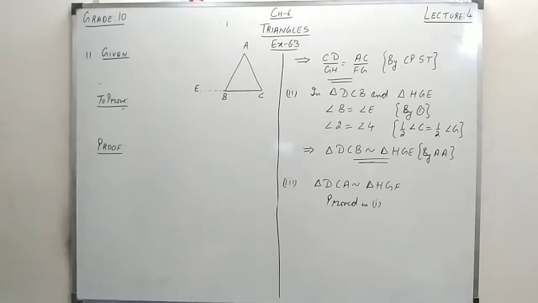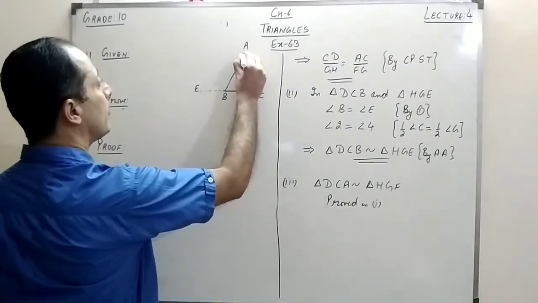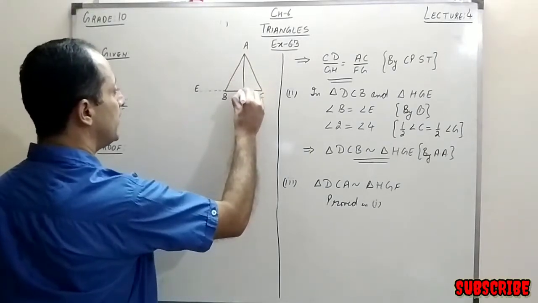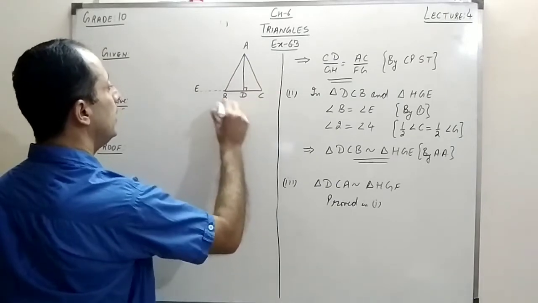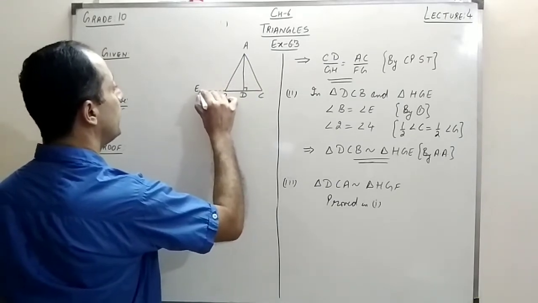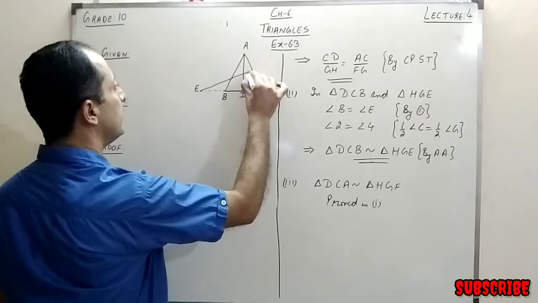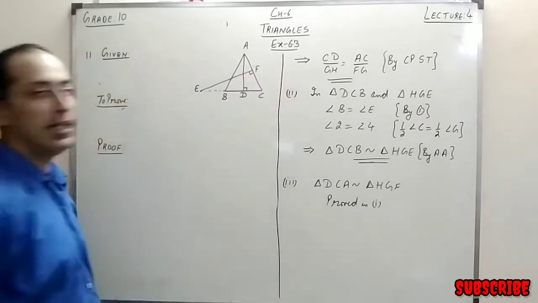They say that AD is perpendicular to BC and EF is perpendicular to AC. So we draw a perpendicular from A on BC. So this is AD, and we draw a perpendicular from E on AC, and it is EF, right?